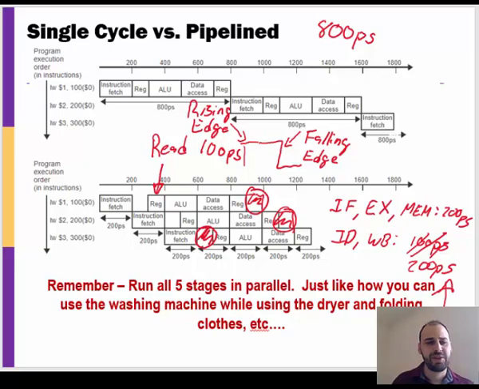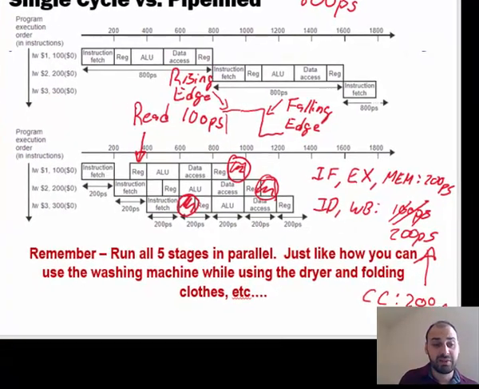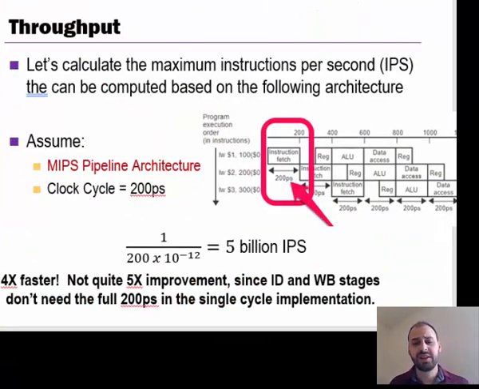All right, so if you understand that, we can look at how the throughput works. We have the same assumption: when the pipeline's full, we are going to finish one instruction every clock cycle.